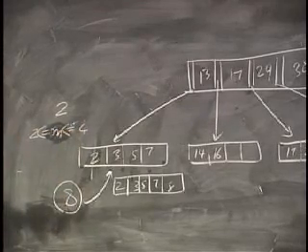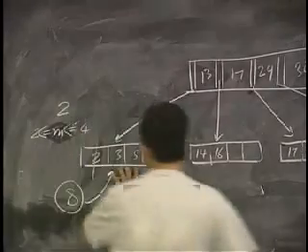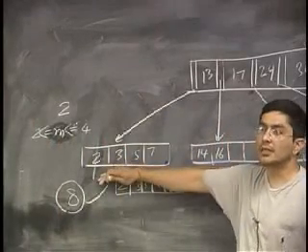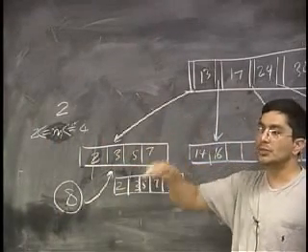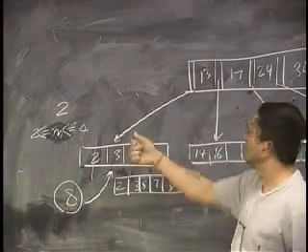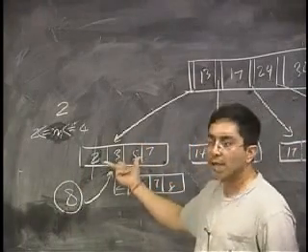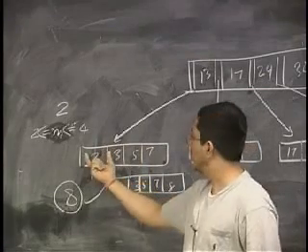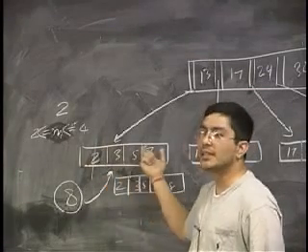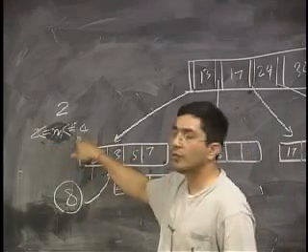What is the order exactly? It's how much you can put in here. So if the order of this B tree is 2, the number of key pointer pairs you can save in this is going to be between 2 and 4.